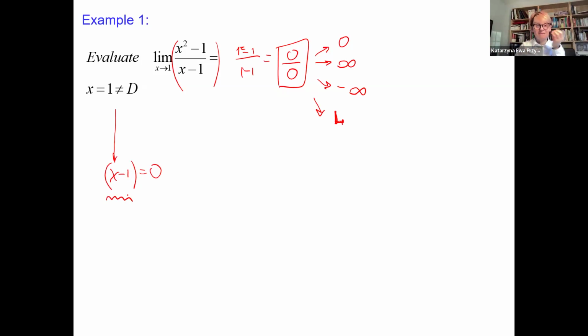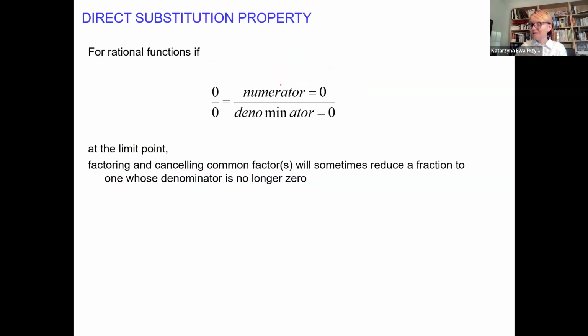But we have to see the formula. We cannot just cancel out, because it could be hidden, 0 times another quantity. We have to have exactly the common factor. This will be the procedure: we will factor out, find this common factor, and then cancel out.